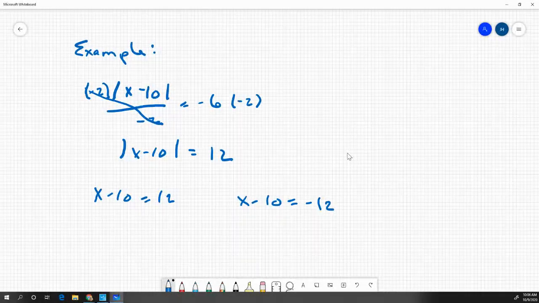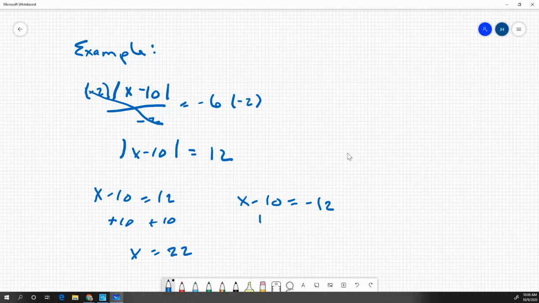And then we can go ahead and solve each problem. So I'm going to go plus 10, and I get x equals 22. And then I'm going to go plus 10 and plus 10, and I'm going to get x equals negative 2.